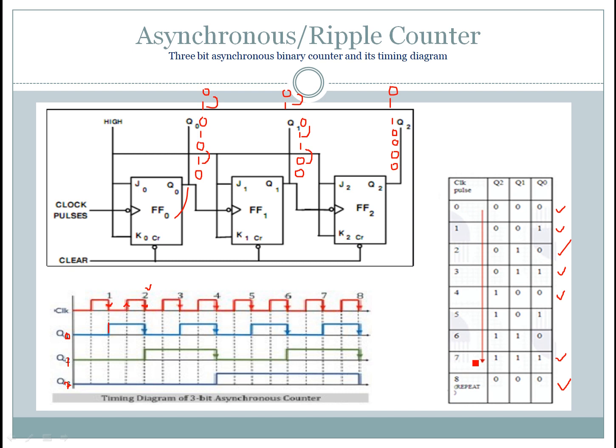So if n is 3, that is a 3-bit counter, it requires 2 to the power of n minus 1, that is 2 to the power of 3 is 8 minus 1, that is 7 clock pulses. That means for an n-bit counter, 2 to the power of n minus 1 clock pulses are required. That's it.